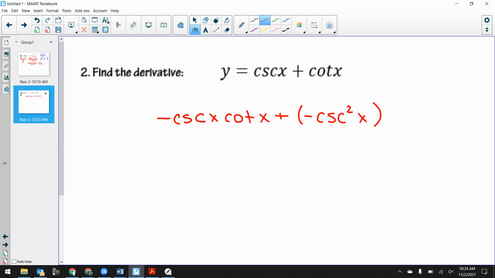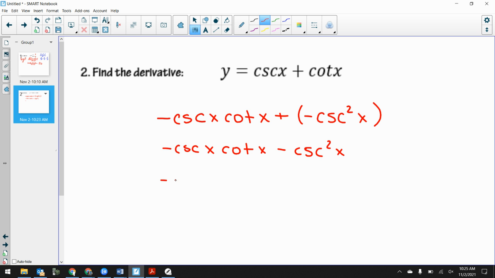Okay, so first thing I'm going to do, I should have probably done this already, is write cotangent minus cosecant squared x. And now I'm going to factor out the cosecant. I think. Let's try that. Well, yeah, let's try.